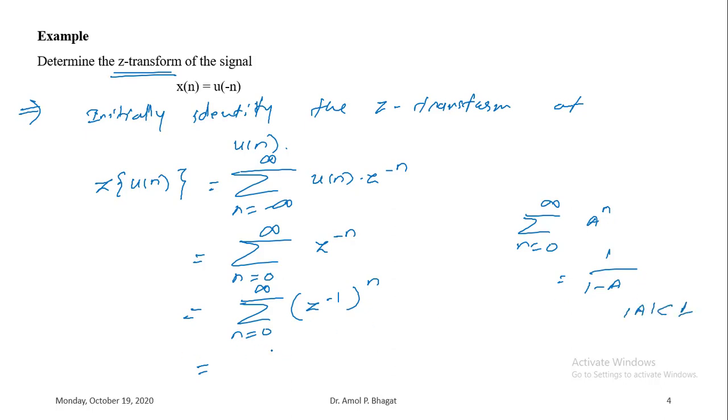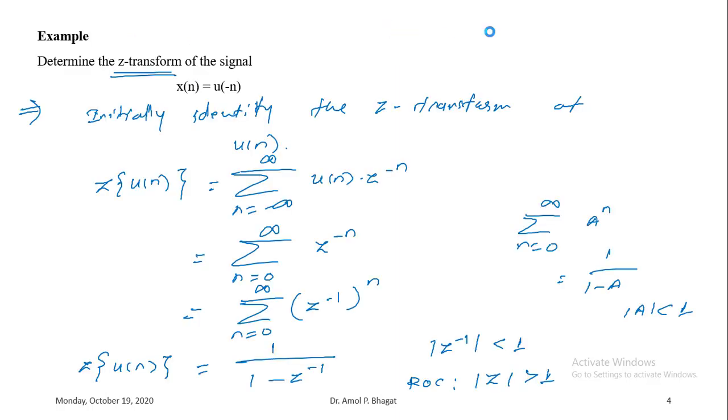So here I can write 1 upon 1 minus z inverse, provided that mod z inverse is less than 1. So its ROC will be, sending z inverse to the right hand side, 1 less than z, that means mod z is greater than 1. So this is the z transform of u of n.